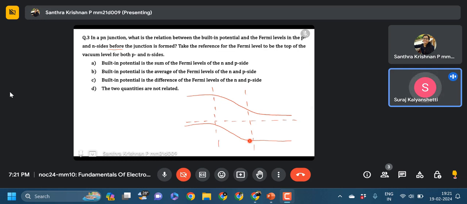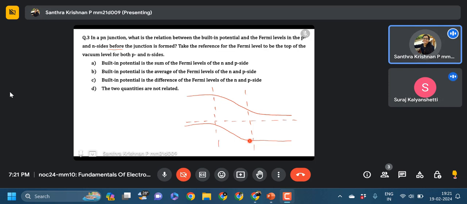Built-in potential is something which happens when both the P and N sides are joined together. When they are joined, the built-in potential increases, right?